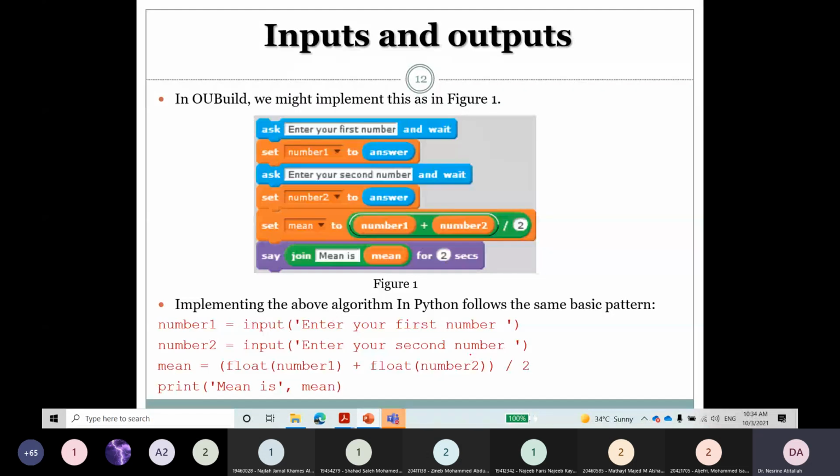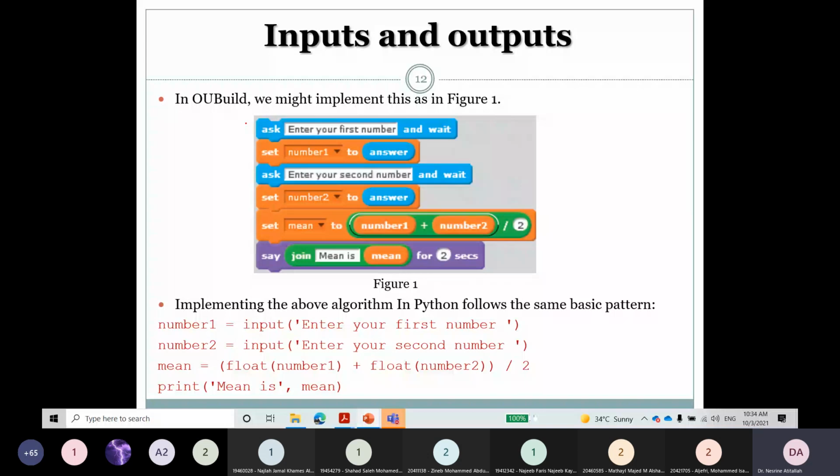I will ask you again for a second number and store your answer in number 2. After that, I will define the variable mean, which will be the average of these 2 variables, and I will say the mean is the variable mean. So this is one implementation for this algorithm.